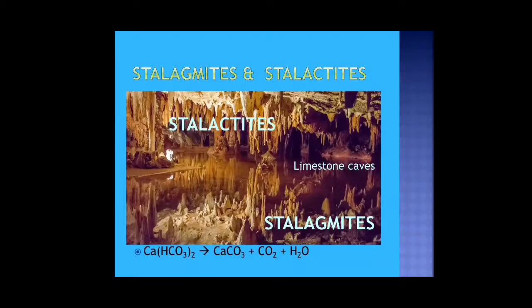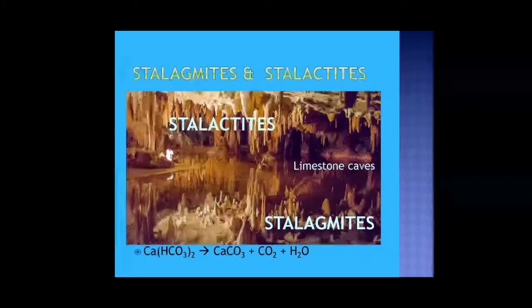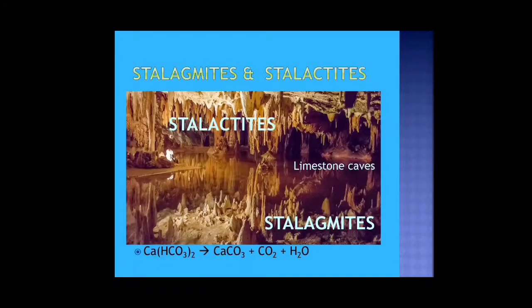Next we see stalactites and stalagmites. So what are these structures? They are structures formed due to the presence of calcium bicarbonate. In many limestone caves, we see that water keeps on trickling down through the cracks of the rocks. At that time, conical structures from the roof downwards and from the floor upwards are formed.